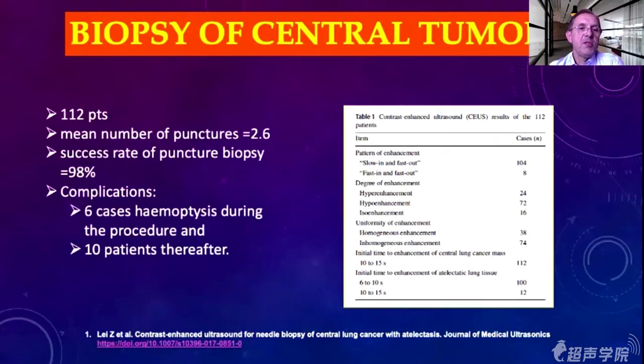Regarding the biopsy of central tumors, here is also a very good application of contrast enhanced ultrasound, because as I have shown you, with this technique we may detect that lesion.